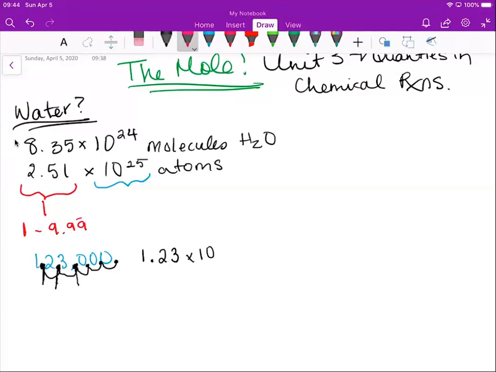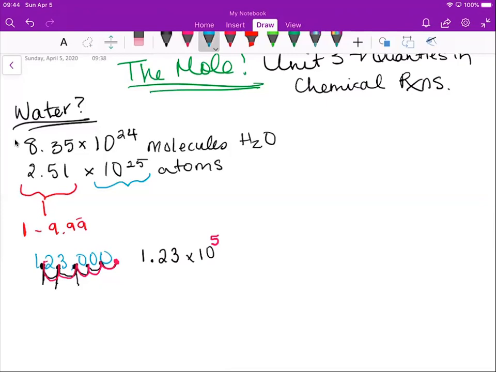So the decimal place starts here, and you move it 1, 2, 3, 4, 5. Because 123,000 is a number bigger than 1, my exponent is going to be a positive number. So this is how I change 123,000 into scientific notation: 1.23 times 10 to the power of 5.